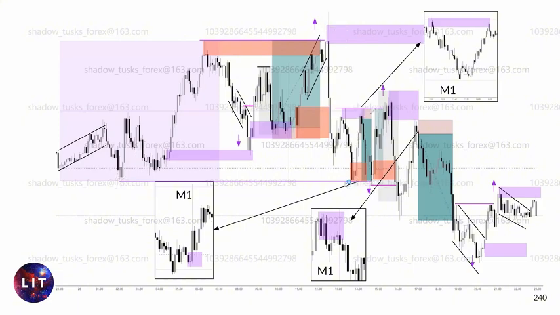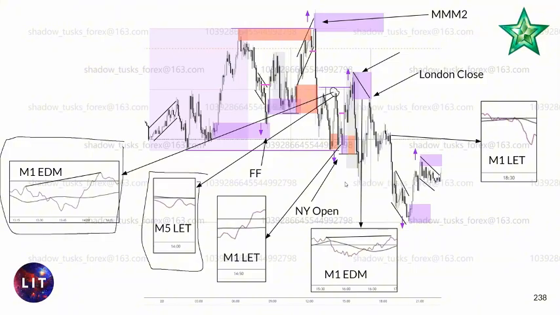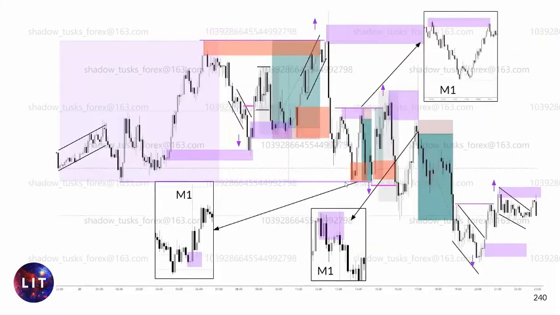So what we can see here is we have the very clean mitigation. And if we just go back, we will remember that this point here was an M5 let and an M1 EDM, right? So we've got double confirmation, double entry helper confirmation for that specific trade.